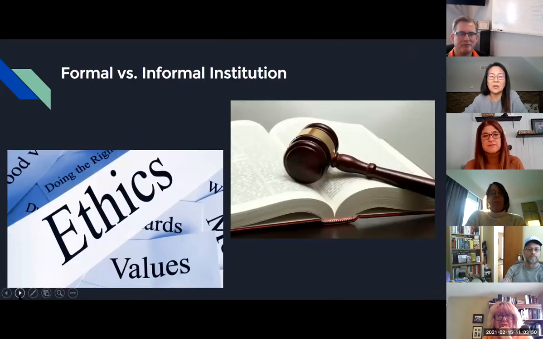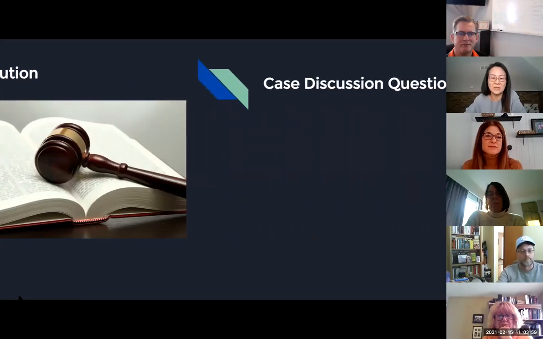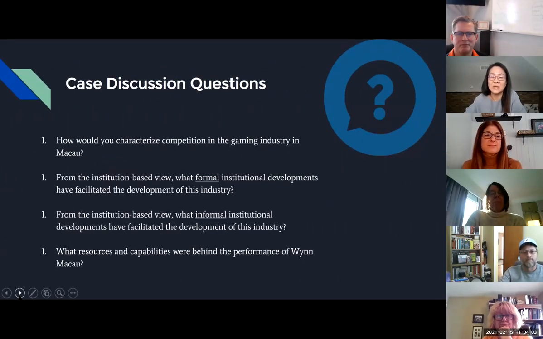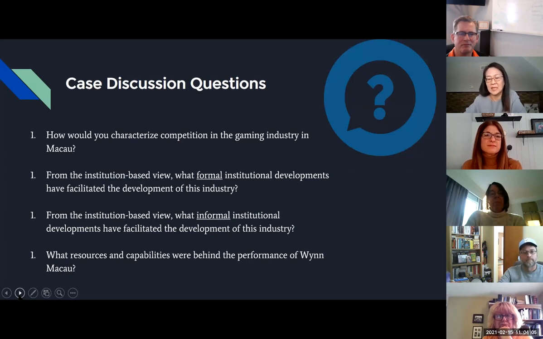Then they revisit what we talked about in class, what is a formal institution and what is an informal institution. Then they come up with discussion questions about the case, and they use breakout rooms for students to focus on the questions listed here.